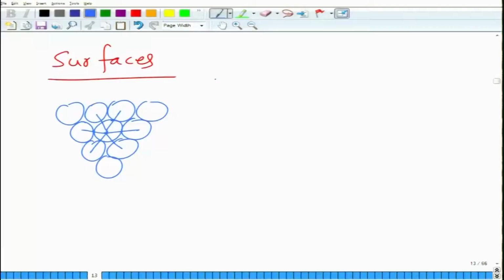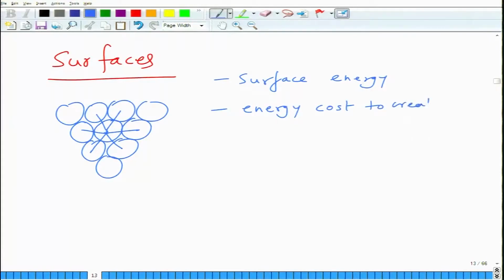So every surface has a surface energy, because of the energy cost to create a surface. As a result, you can calculate the surface energy gamma s for a surface. It can be estimated for given surfaces.